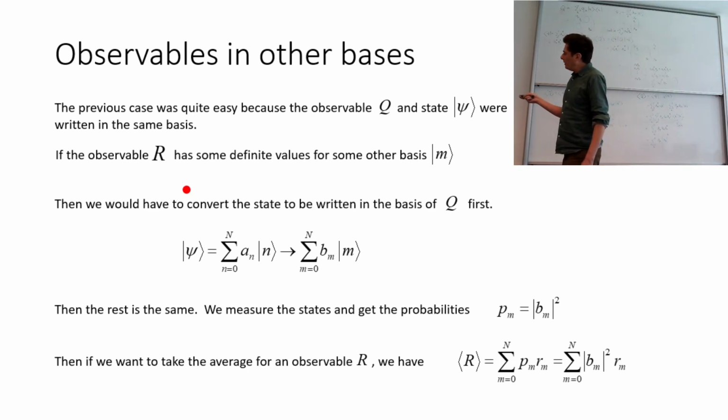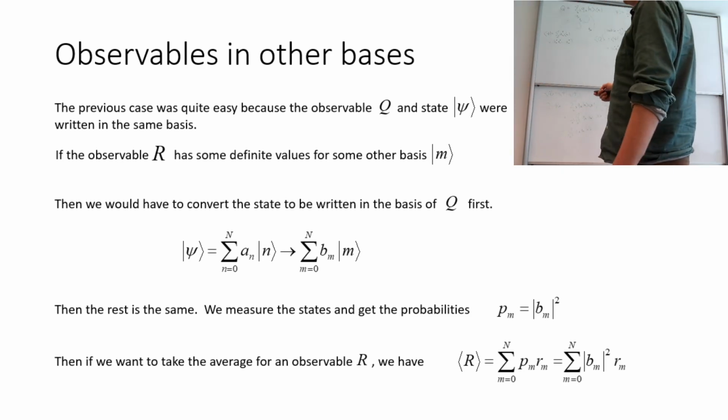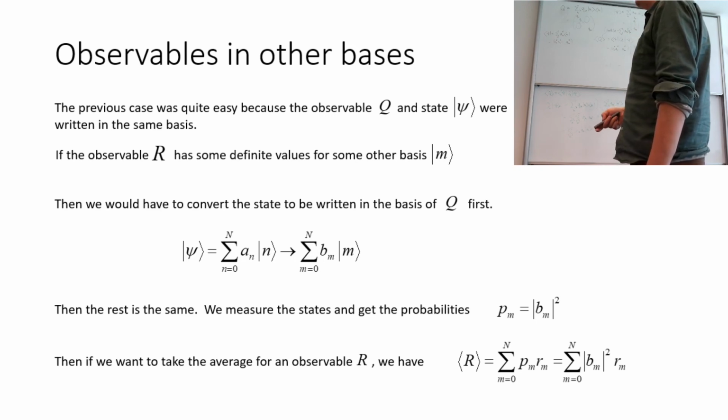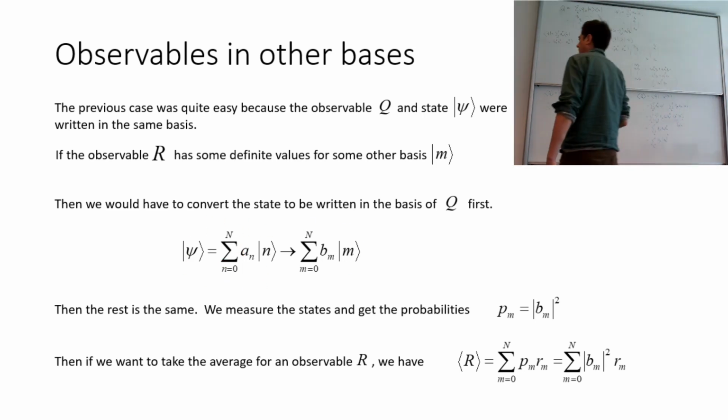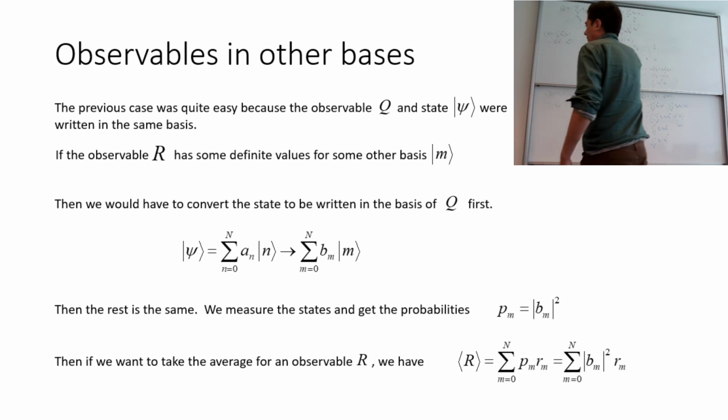So what if you have another observable, called R, but that's actually written in some other basis, right? So it's not the same basis as the basis that we had for the state. Then we could do a few things, but one way to go about it is to rewrite our state in this other basis, right? Then if we've got the common basis, we can do something like what we already did.